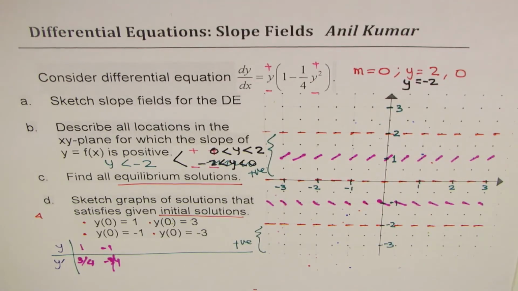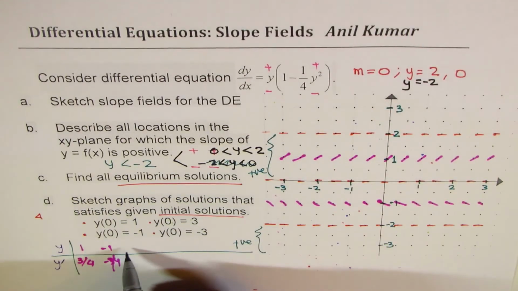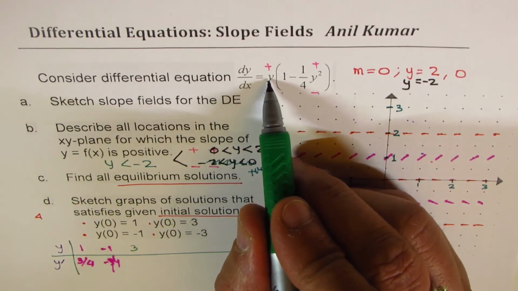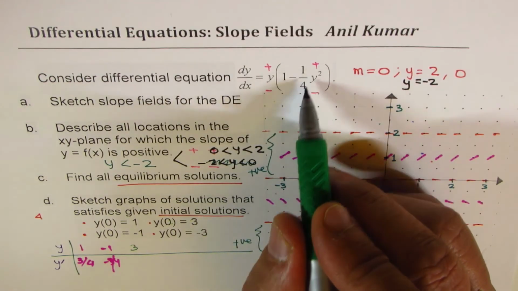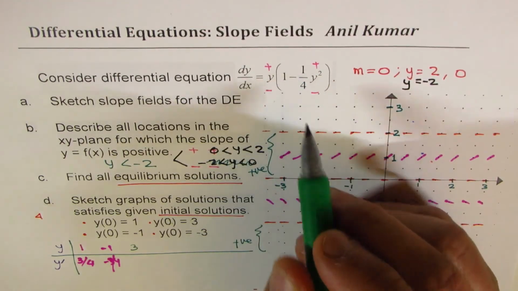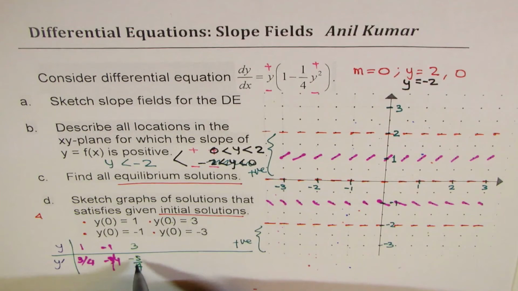Okay. Now let's take the slope when y is 3. So if y is 3, in that case, positive 3, this is positive. But here, 9 over 4 will make this as minus 5 over 4. Right? So it is minus 5 over 4. So slope is negative and slope is more than 1.